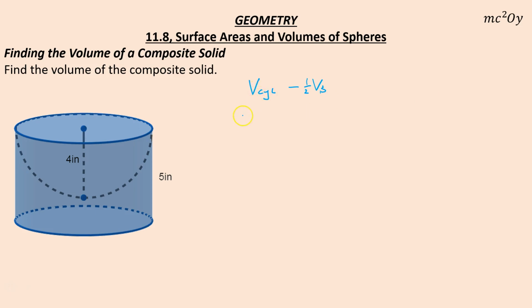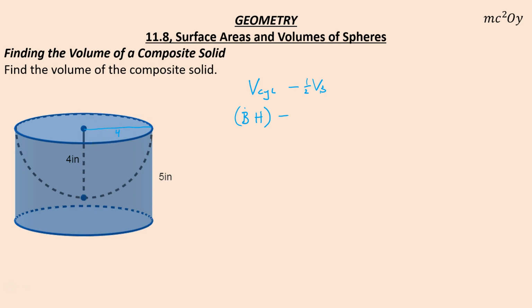The volume of the cylinder is base times height. Okay, well, I'm going to go ahead and complete this side first here. The base, well, this is 4, just like this radius is 4.